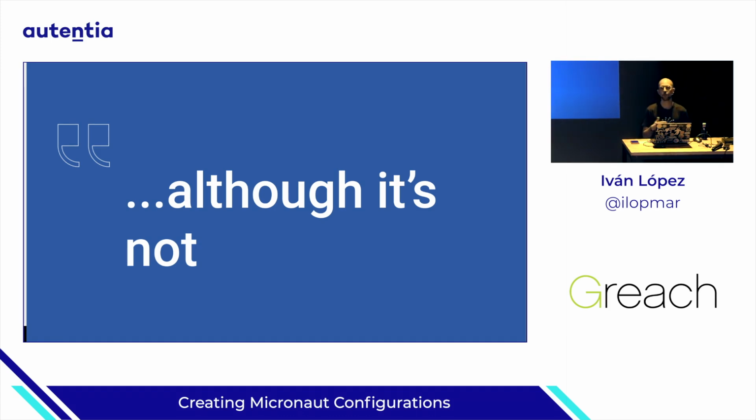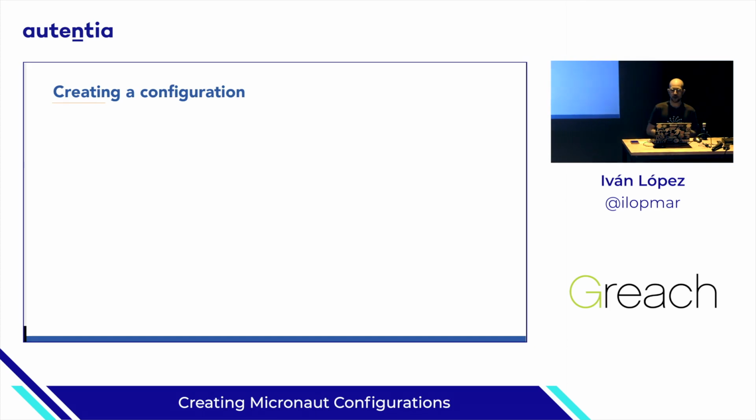It depends on how complex the library you want to integrate with is, because sometimes the library is pretty simple, or it's just a small library or tool, so you can just create a few beans. But other times, it's a really complex library. So when you create a configuration, Micronaut offers you a lot of options.